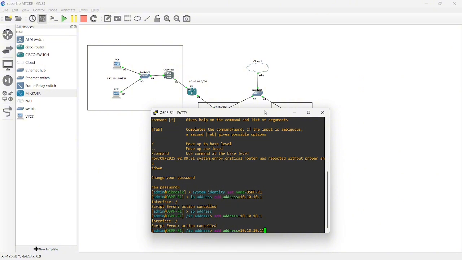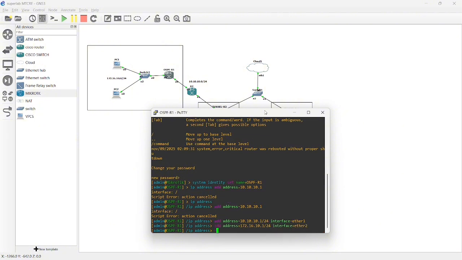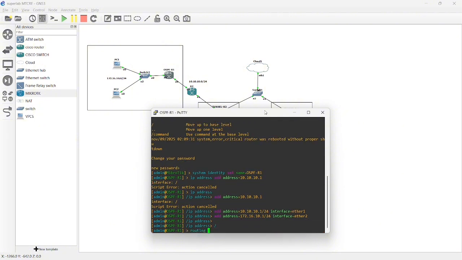I make ether 1 10.10.10, and ether 2 from the PC is 172.60.10.0/24.